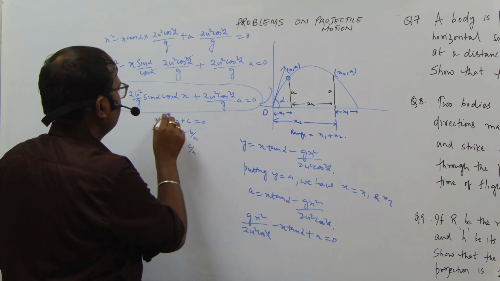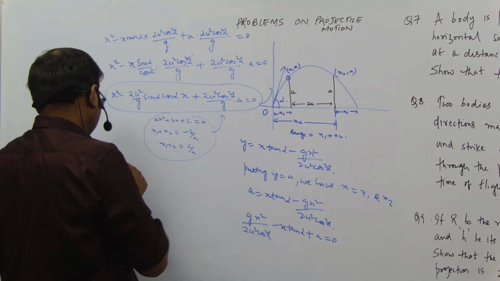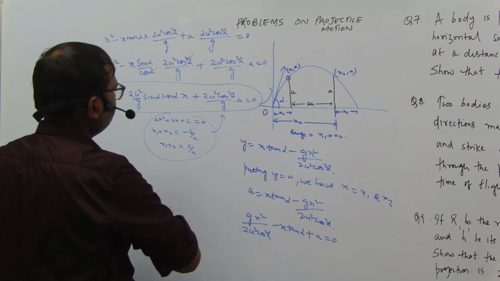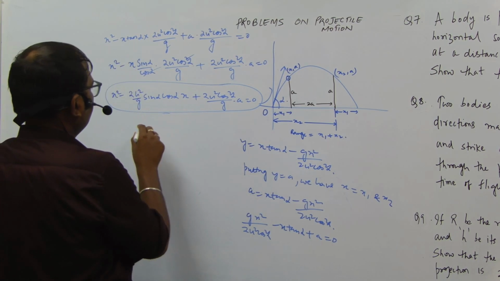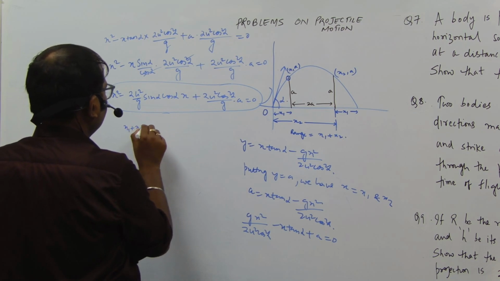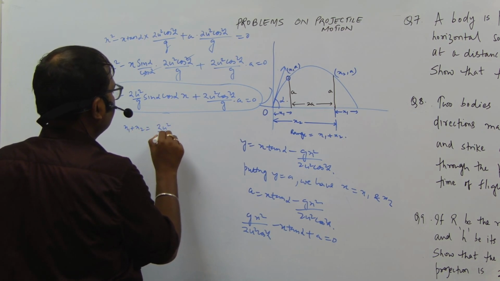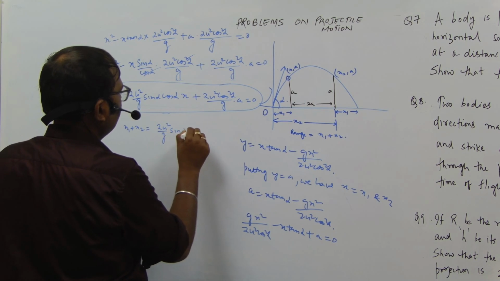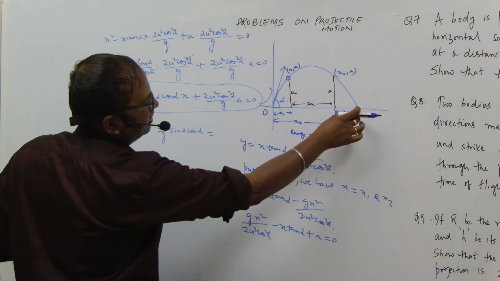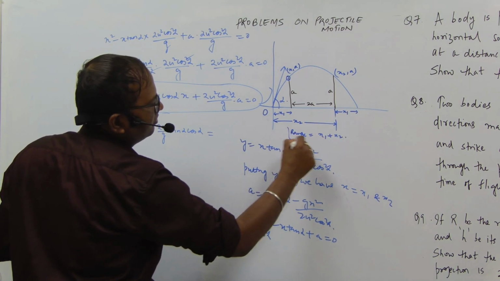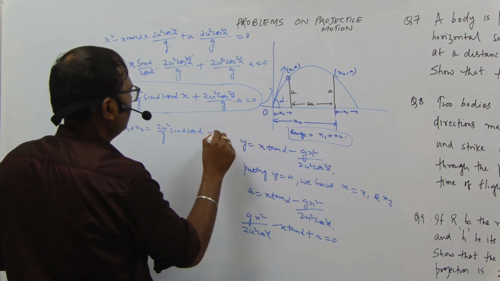Let us apply this here. So x1 plus x2 is equal to 2u square upon g sin alpha cos alpha. This is x1, this is x2. The range is equal to x1 plus x2.